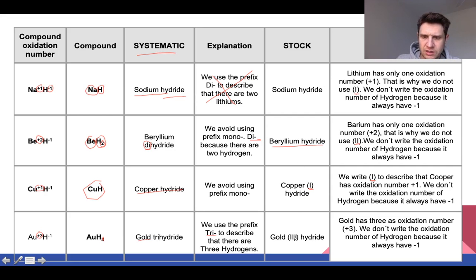In stock, we still have to write it down. Why? Because gold has more than 1 oxidation number, and a researcher or scientist is going to know that the gold in this case has an oxidation number of 3.